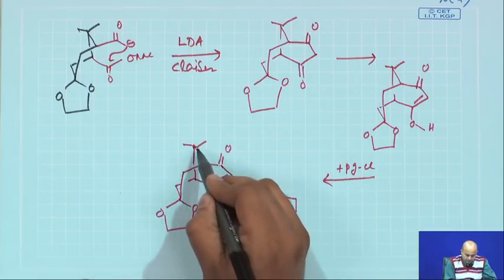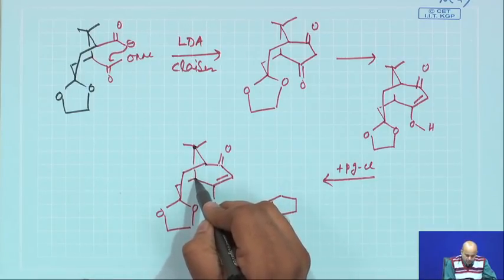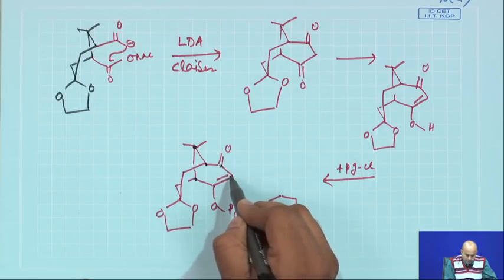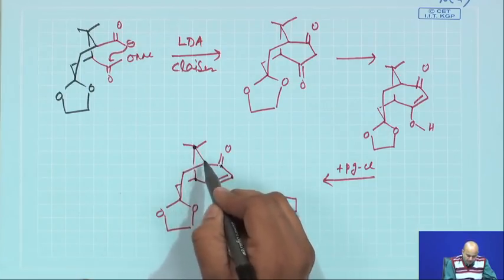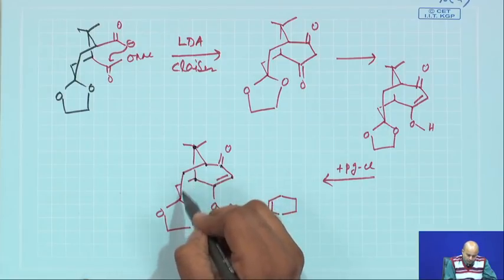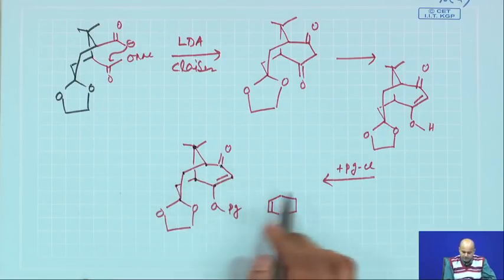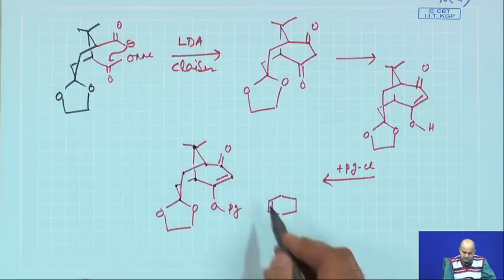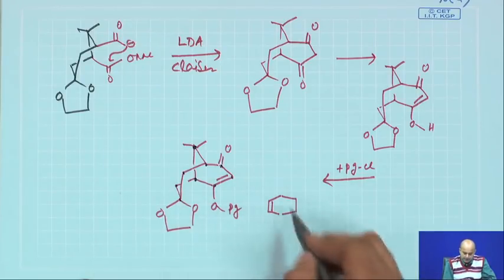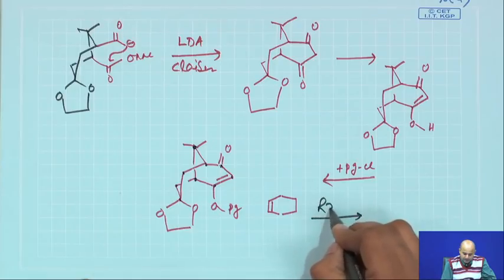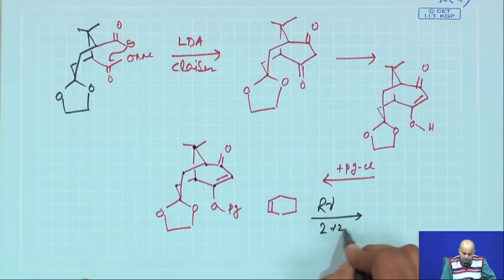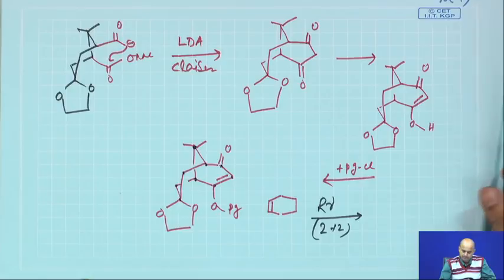This is 1, 2, 3, 4, 5, 6, and on the left hand side 1, 2, 3, 4, 5, 6. So, it is a bridge structure, 6 member bridge structure. Now, you are reacting this compound with cyclohexene in an h nu, 2+2 reaction.